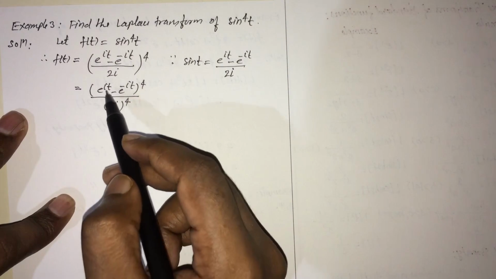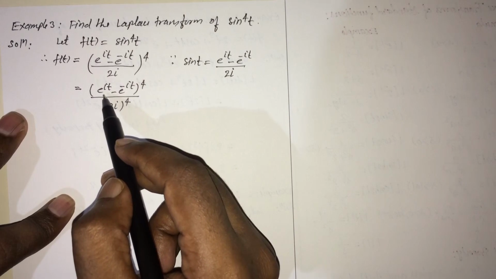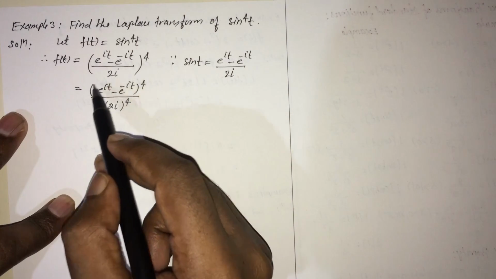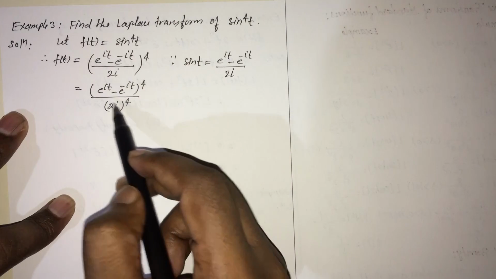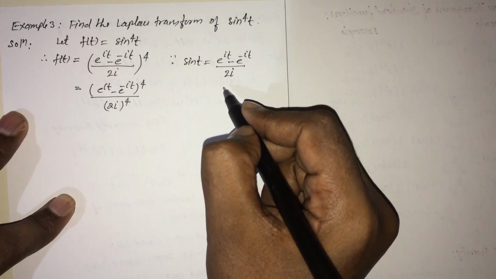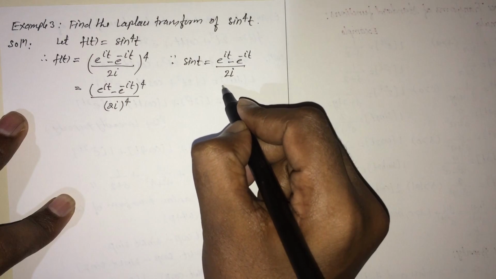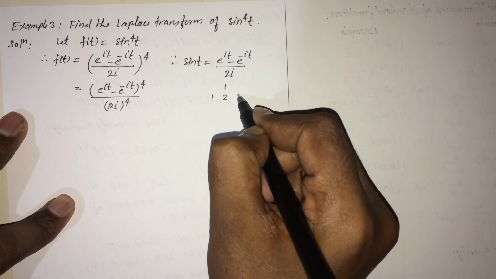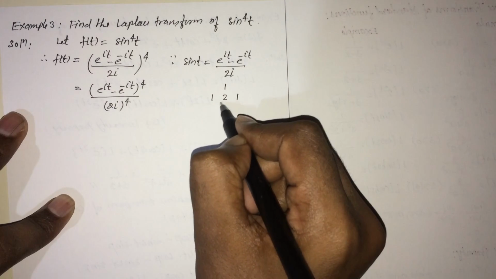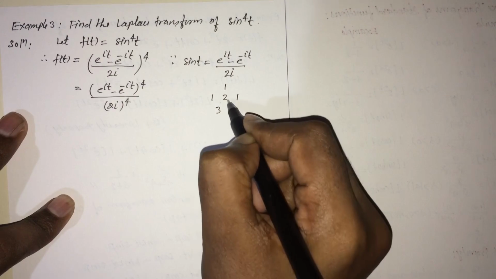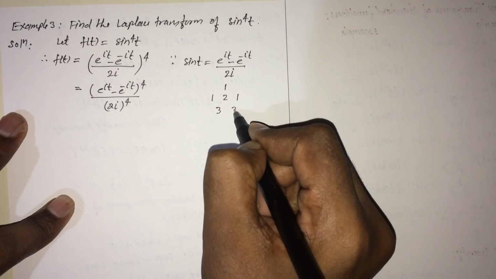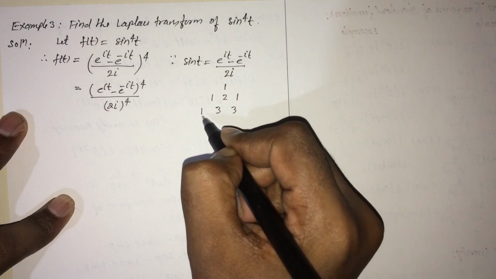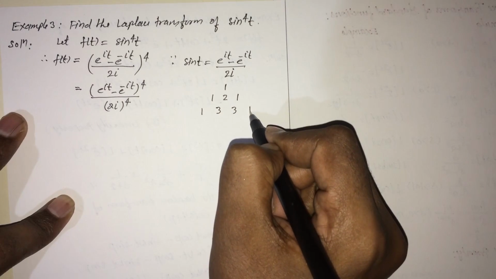Here it is of the form x minus y raised to n. So we will apply the binomial formula or Pascal triangle formula. You know Pascal triangle: that is 1, below write 1 and 1, and adding these two becomes 2, then 1, and so on. Adding these two becomes 3, adding these two becomes 3. Now add 1 to the left hand side and 1 to the right hand side.